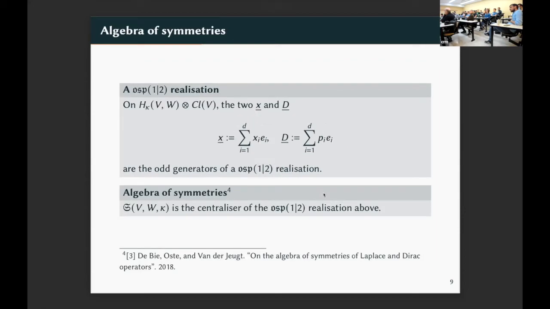We are studying our algebra S_{V,W,kappa} to be the super centralizer of this OSP(1|2) realization. My supervisor, Hendrik de Bie, and Joris Van der Jeugt, with their student Roy Oste, explicitly gave generators and relations for this algebra, and we want to study its representations.